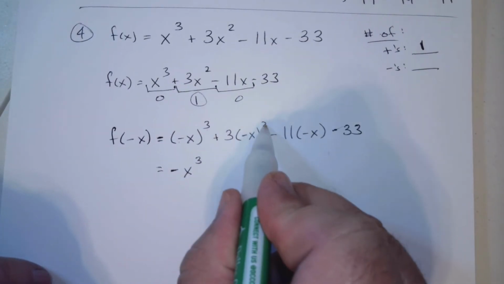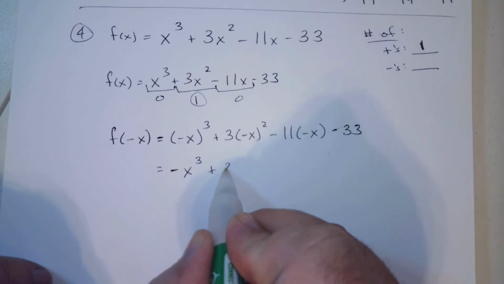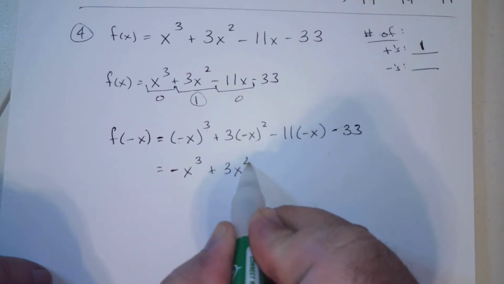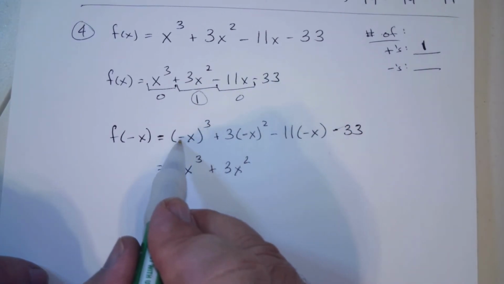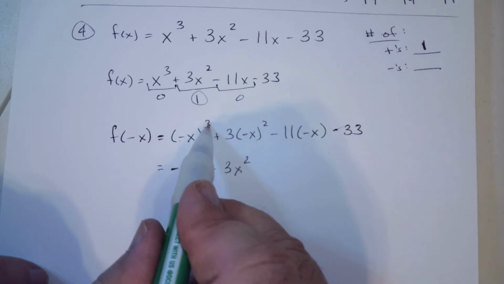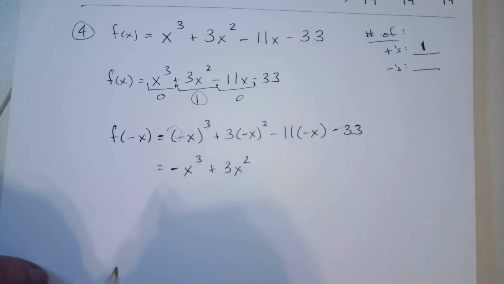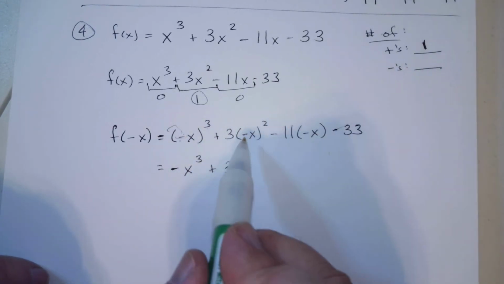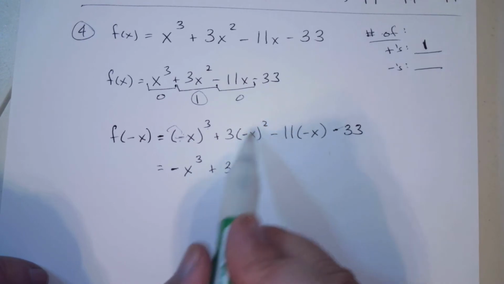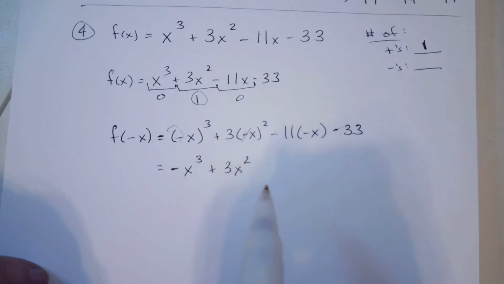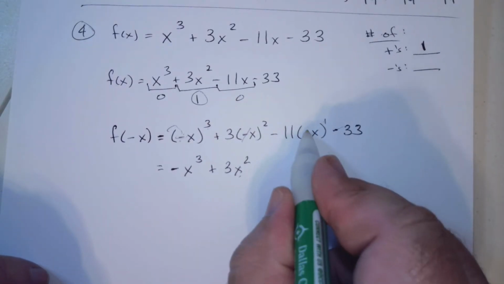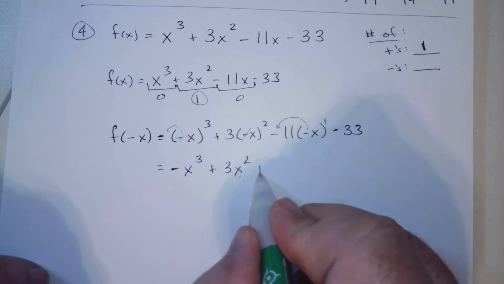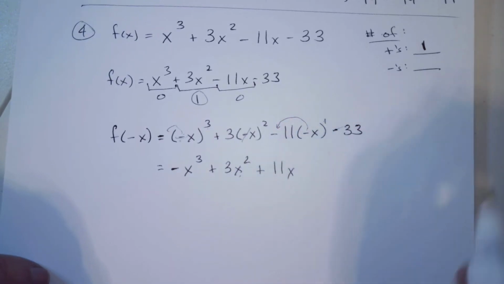If it's a negative raised to an even power, the negative sign disappears. If there's a negative inside parentheses raised to an odd number, that negative comes out in front. This is raised to the first power, so that negative goes in front, becomes a plus. So it's plus 11x minus 33.